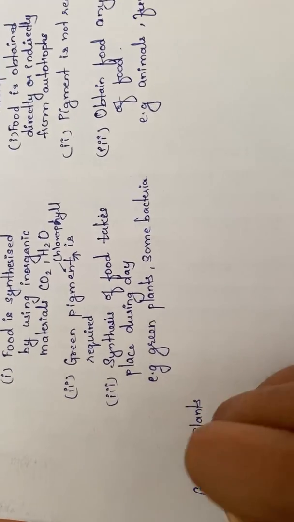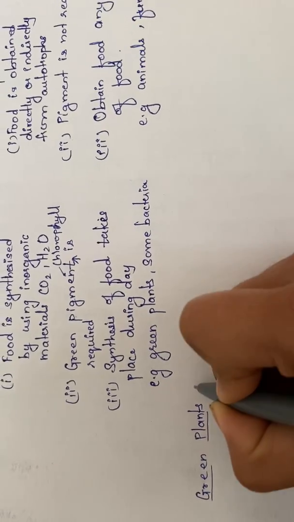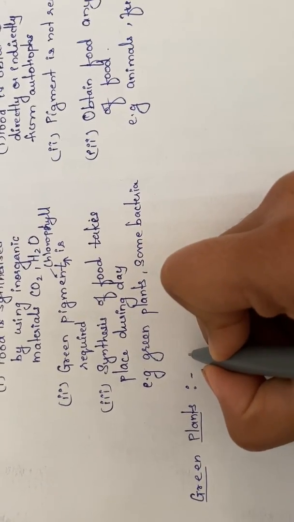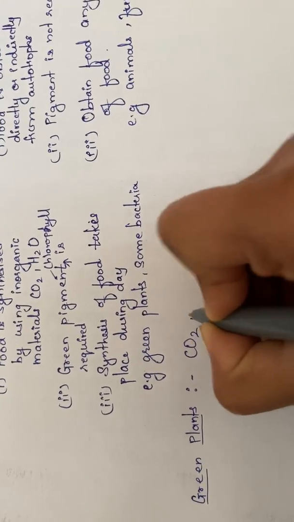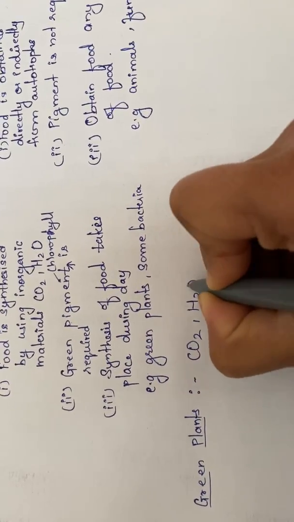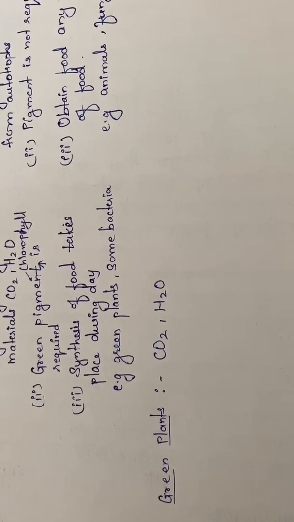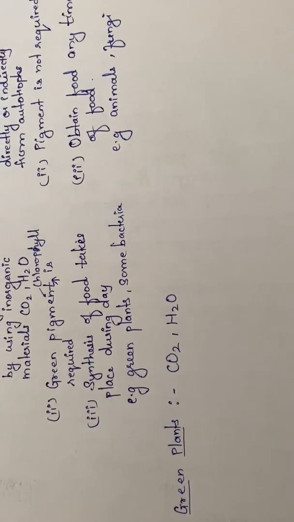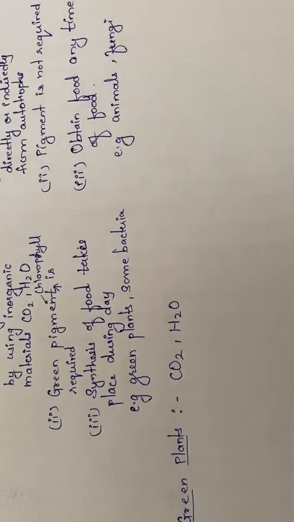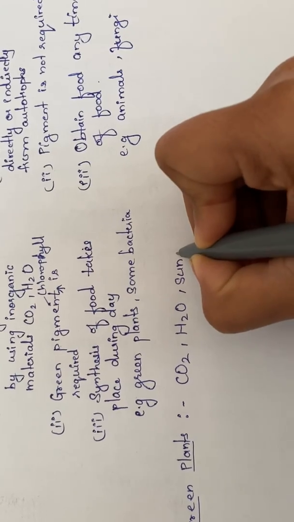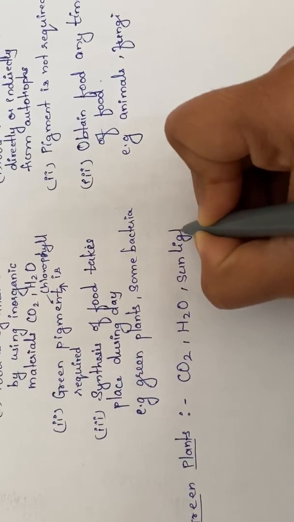So as we know, the requirements of the autotrophic mode of nutrition are carbon dioxide and water. What else do green plants need to carry out photosynthesis? Along with carbon dioxide and water, sunlight is required by the green plants for carrying out photosynthesis.